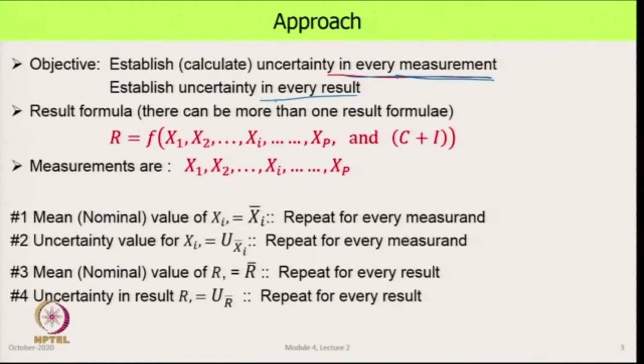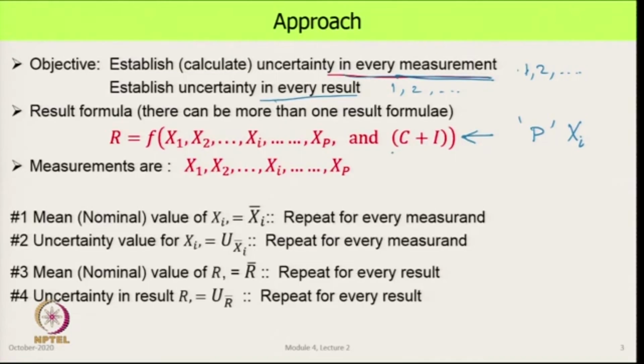There can be one or more measurements in an experiment, and there could be one or more results in an experiment. A typical result, the formula that we shall denote, is here: R is a function of x1, x2, up to xp. So, these are p number of parameters, and a typical one we have been denoting as x subscript i.